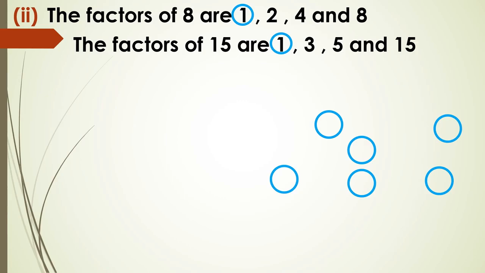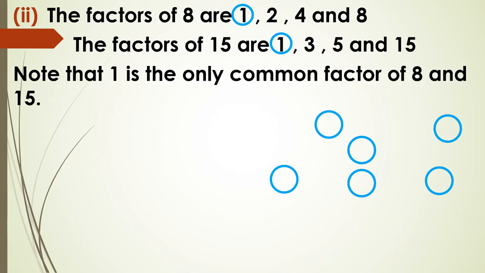It is not compulsory that you write in this way only. Find out the factors in the rough column and then write down here. Now you can see in these two only one is common. So only 1 is the common factor of 8 and 15.